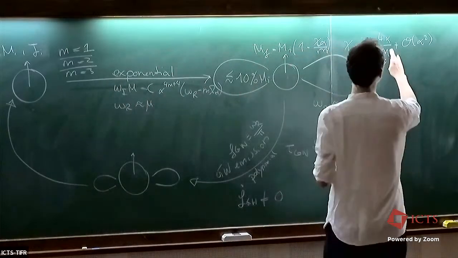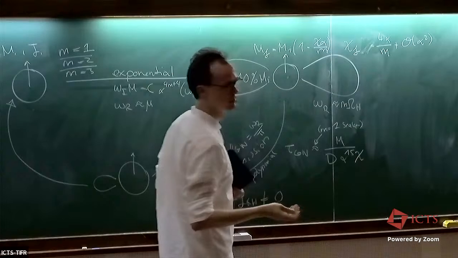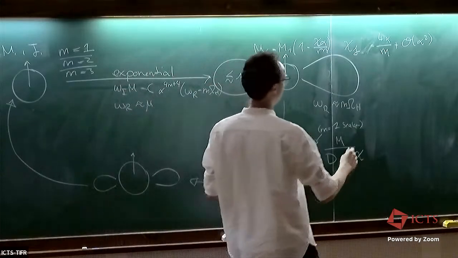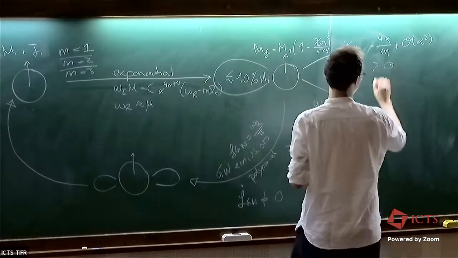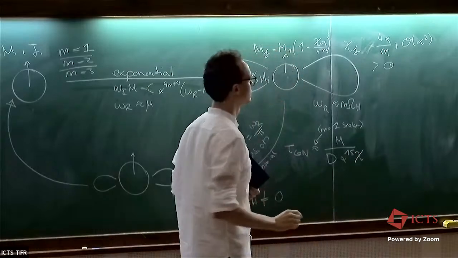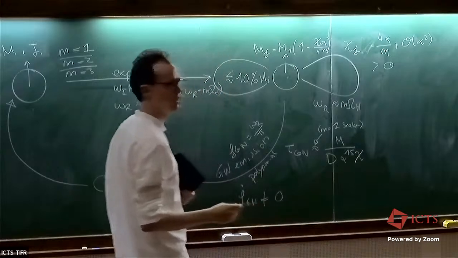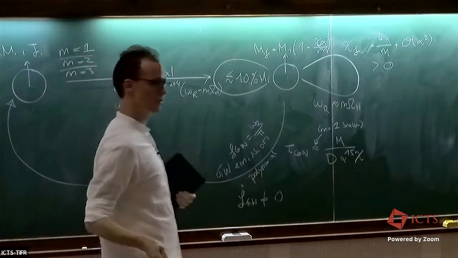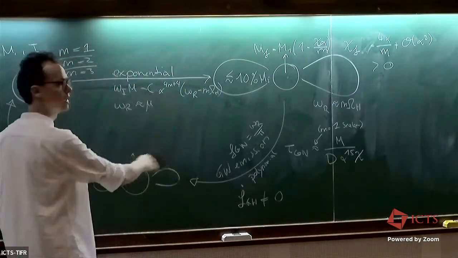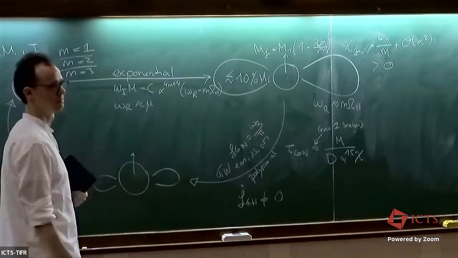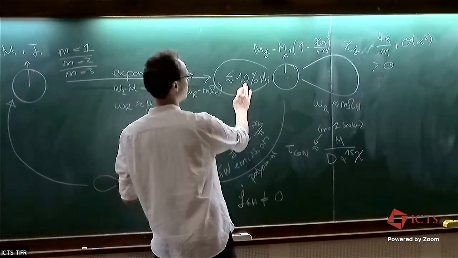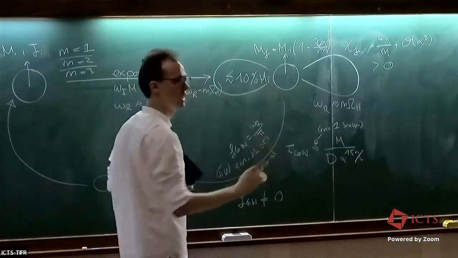Because for alpha equal to 0, the system is not unstable, right? But that means that it is strictly larger than 0. And so that means you always still have some amount of angular momentum left. The amount can be minuscule, but in principle, this process will still go on. But of course, the cloud mass can no longer be 10%. It will be smaller and smaller every single time.